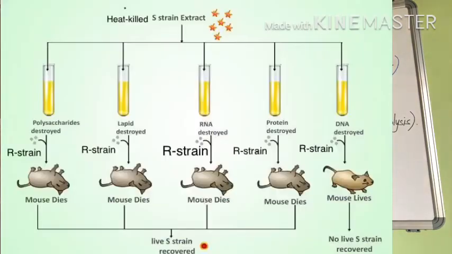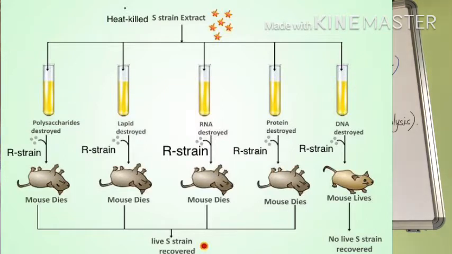As you can see in the illustration, Avery and his colleagues initially treated heat-killed S strain bacteria with specific hydrolytic enzymes. Moving from right to left, in the first experiment, they treated heat-killed S strain bacteria with carbohydrases to eliminate carbohydrates. In the second experiment, lipases were added to eliminate lipids.